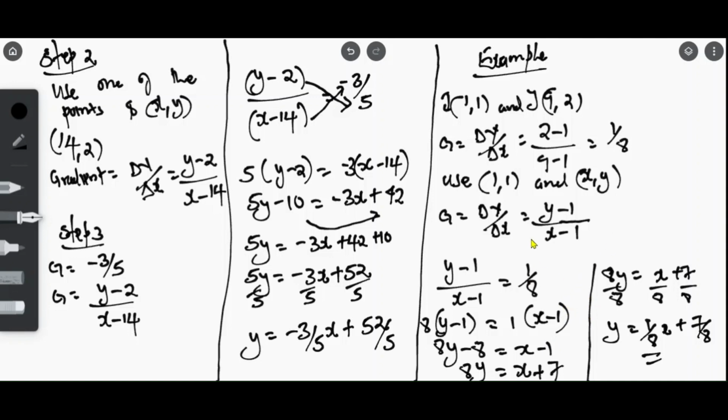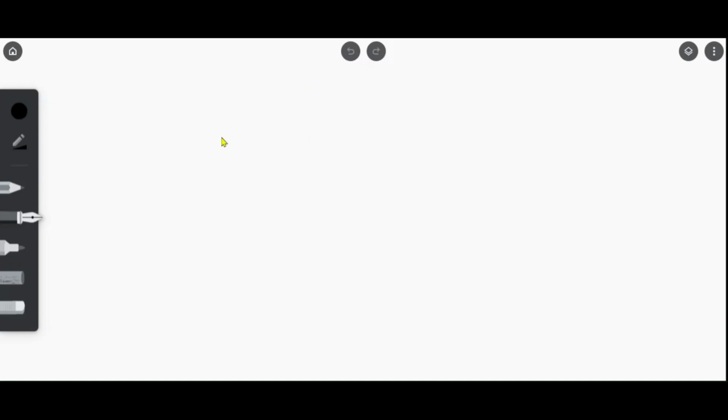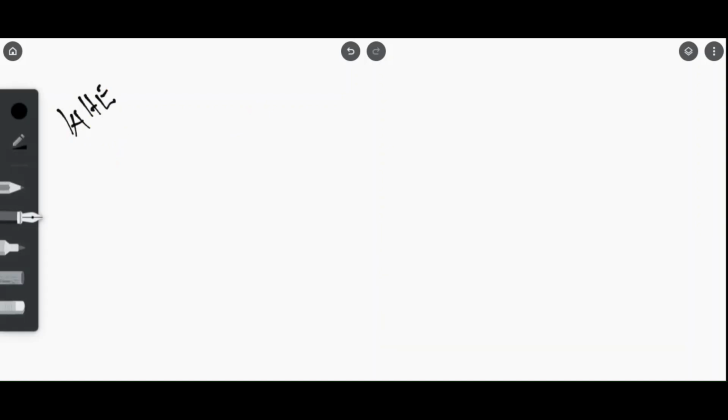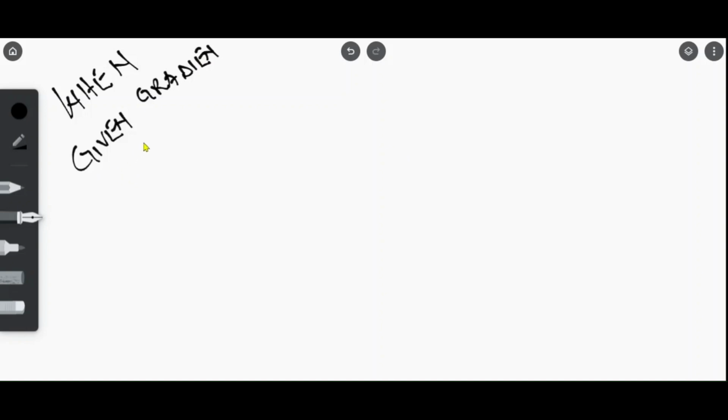Now, the second scenario is when I am given the gradient and one of the points.